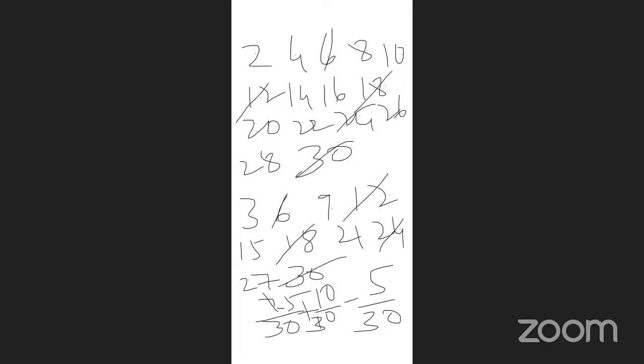So, Nana, you will get 20 by 30, which is equal to 2 by 3, that is 0.67. This is the answer.